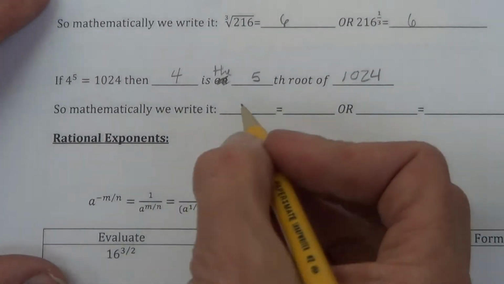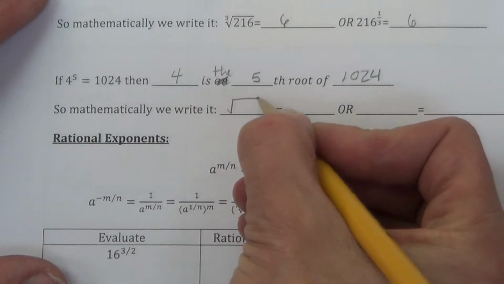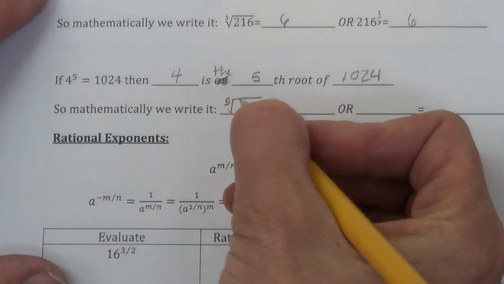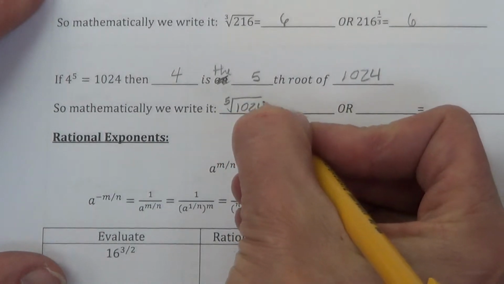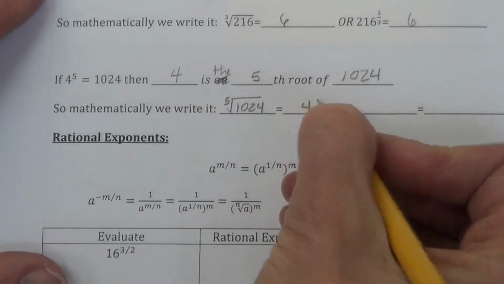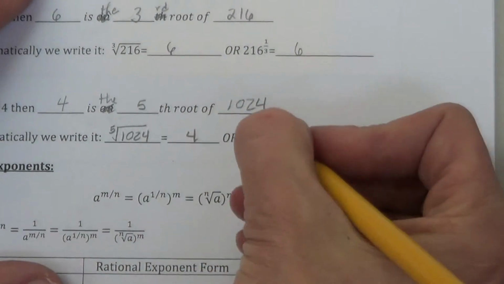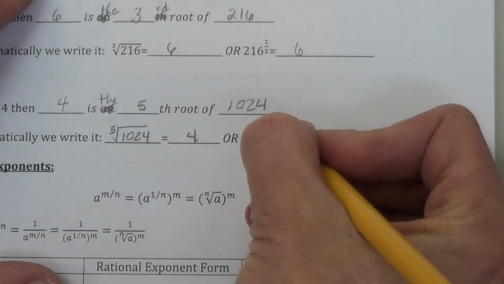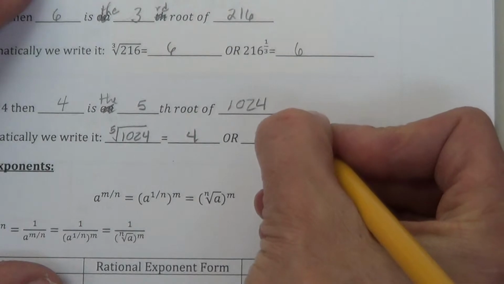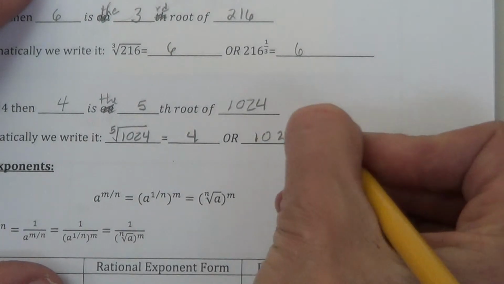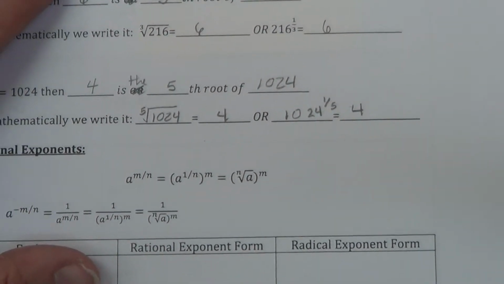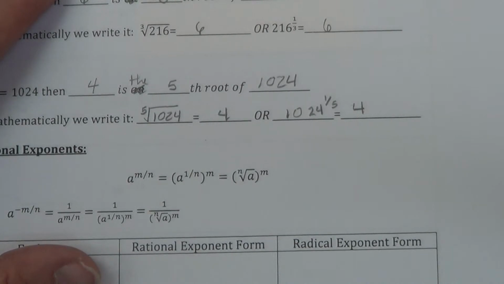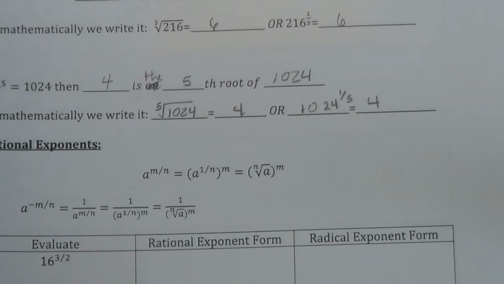So mathematically we write 5th root of 1024 equals 4, or we can write 1024 raised to the 1/5 equals 4. In other words, 4 times 4 times 4 times 4 times 4 is 1024.